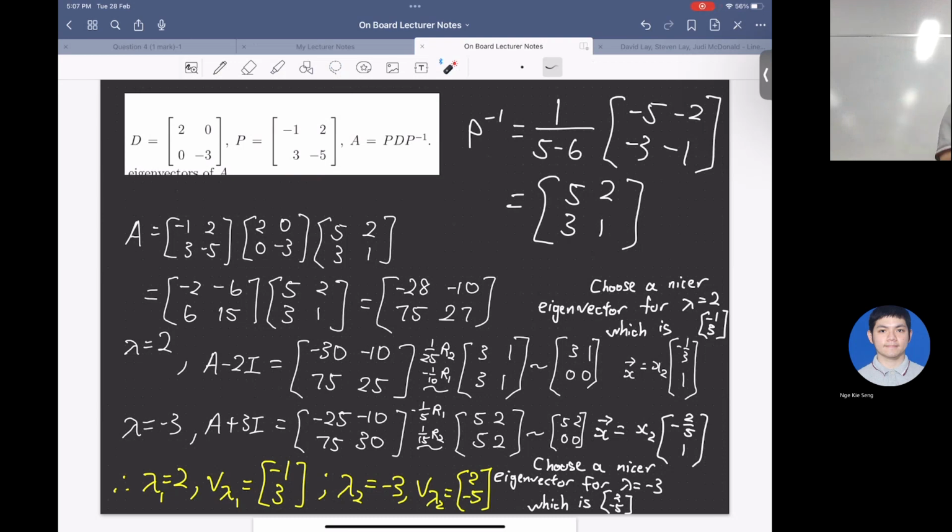At first you might think that I need to find a random P to make my matrix diagonal, but actually what makes your matrix diagonal is the eigenvectors. So whenever you want to diagonalize a matrix, first look for the eigenvalues, look for the eigenvectors, and then form the matrix P using the eigenvectors.